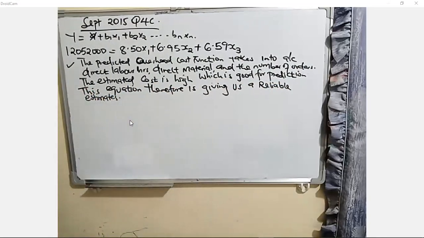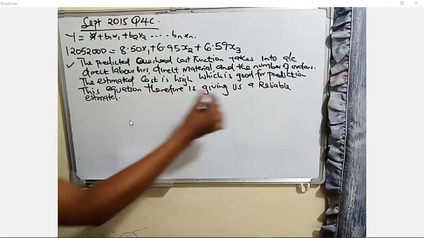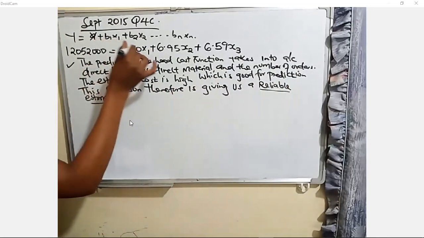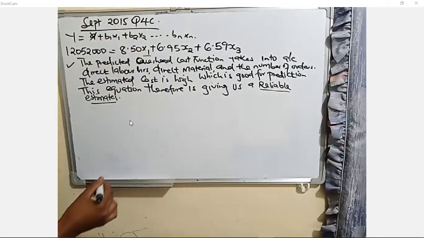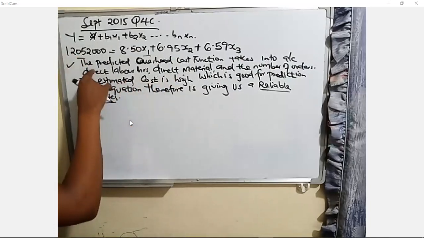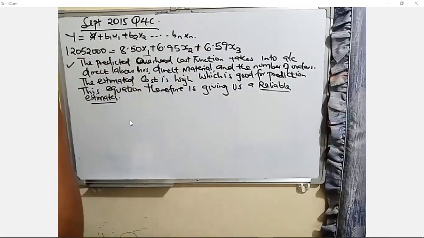That is how you're supposed to be answering. Why are we talking about a reliable estimate? Because it has already factored the labor hours, material hours, and the number of orders. Those are the things that this organization is using. So that is why we have said the predicted overhead cost function takes into account the 3 variables which are best used in this organization in determination of the departmental cost. That's equation 1.